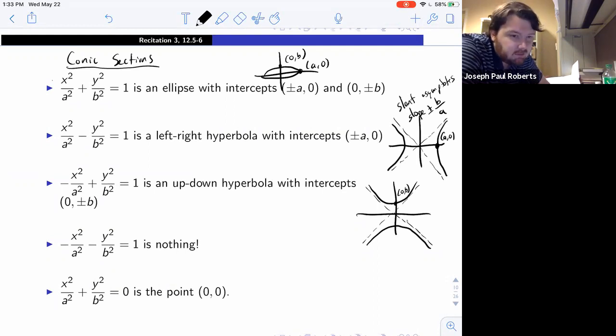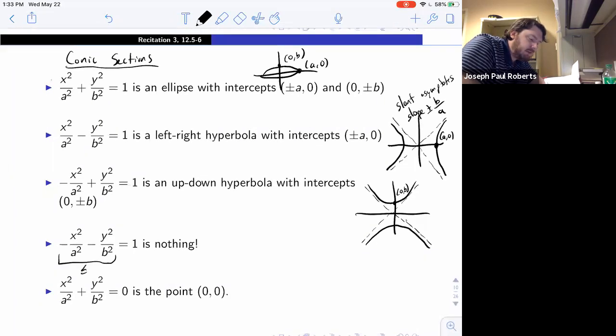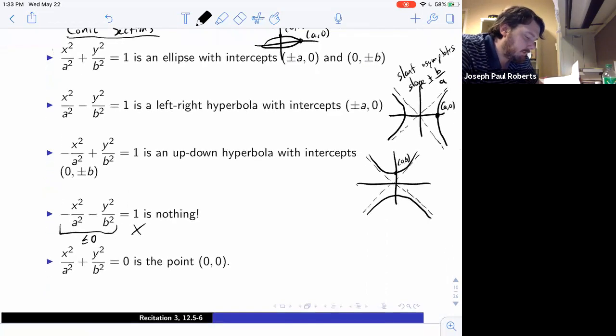So that expression is guaranteed to be less than or equal to 0, and that's not 1. So you're not going to get any solutions for that. And similarly, if I have x squared over a squared plus y squared over b squared equals 0, the only possible way that could be true is if both x and y are 0. And so these are going to be some of the things we're looking at in our traces.